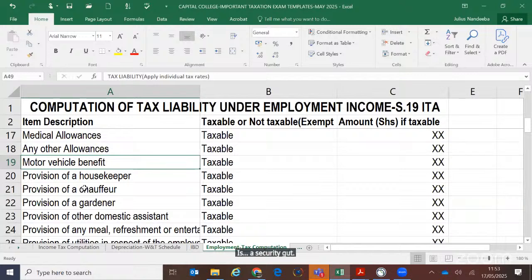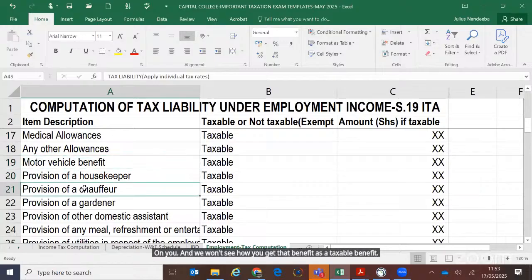All other house helpers, if it is the company paying them for you, you have a benefit that is taxable on you. And we're going to see how you get that benefit as a taxable benefit.